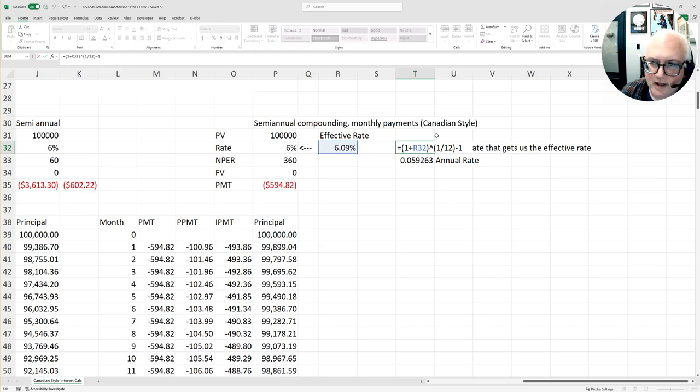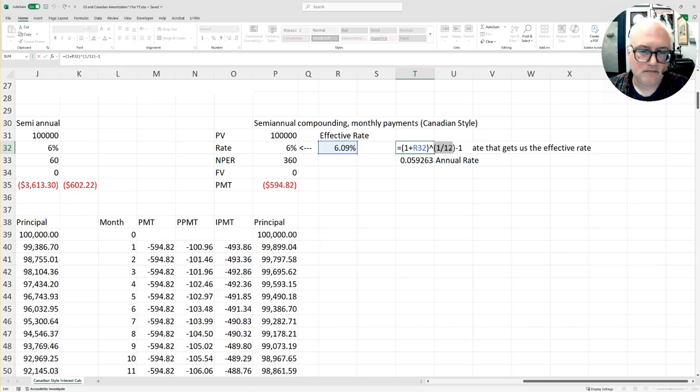Or to put it another way, 1 plus 6.09% to the 1/12th power, minus 1, is the monthly rate that is the same as semi-annual compounding on 6%. In other words, both of them calculate to an effective rate of 6.09%.